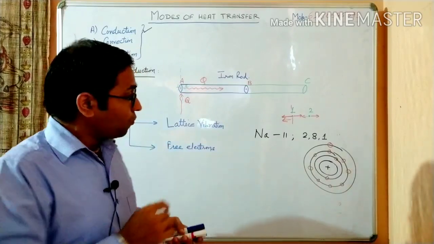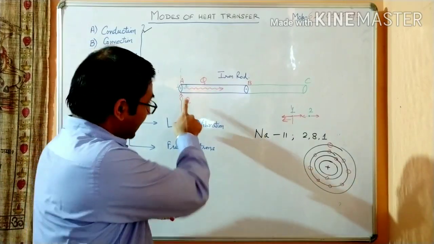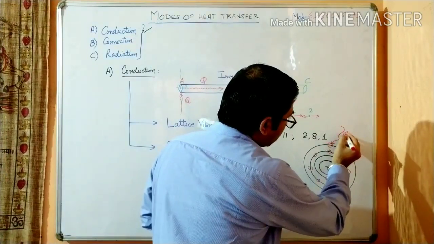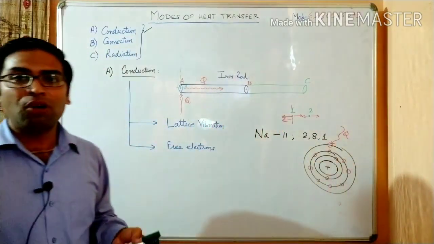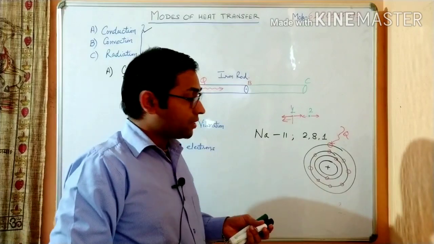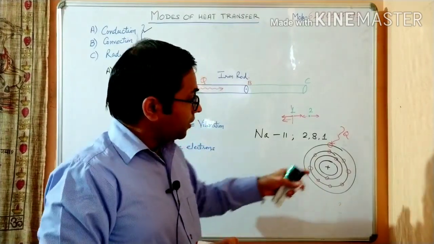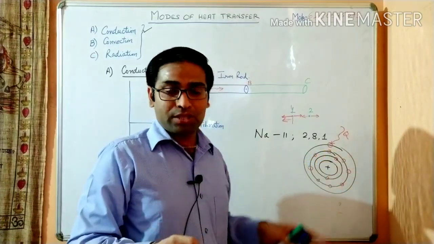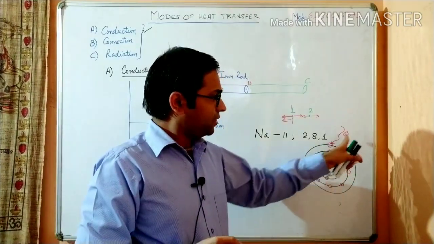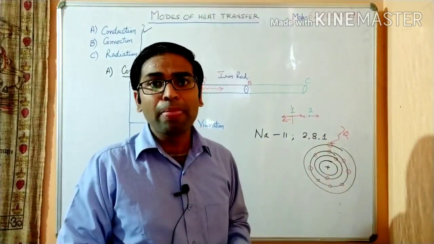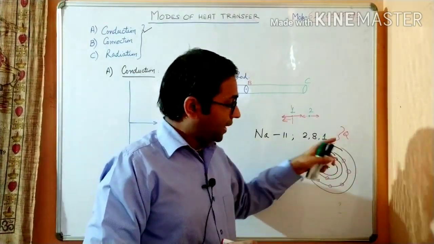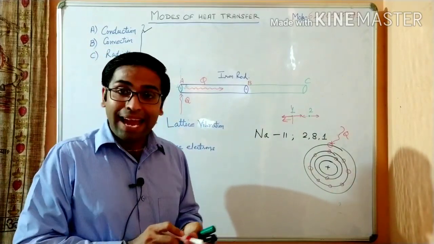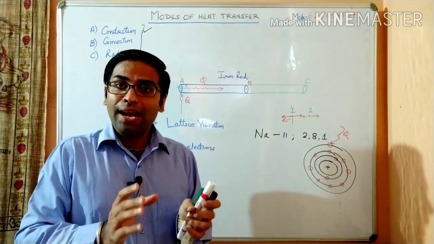How does it happen? When heat is supplied to the atom of the material, which is a metal, the outermost orbit electron acquires the heat first, because it is in the direct vicinity of the external source of heat. So after acquiring the heat, it has a tendency to leave the atom.